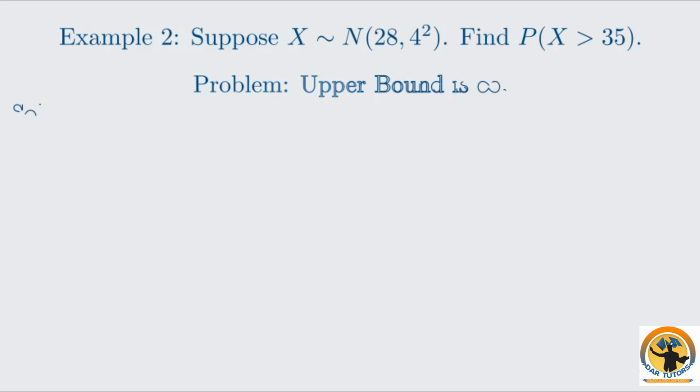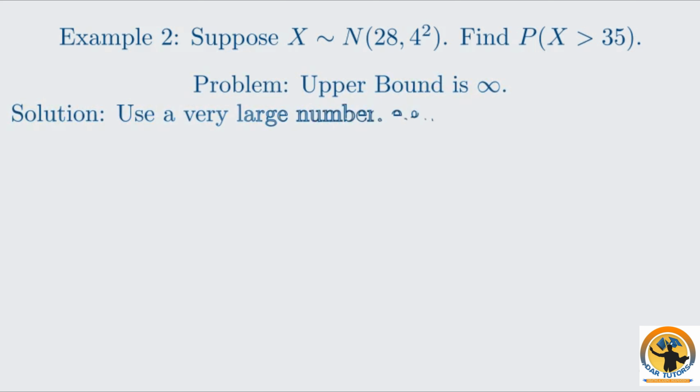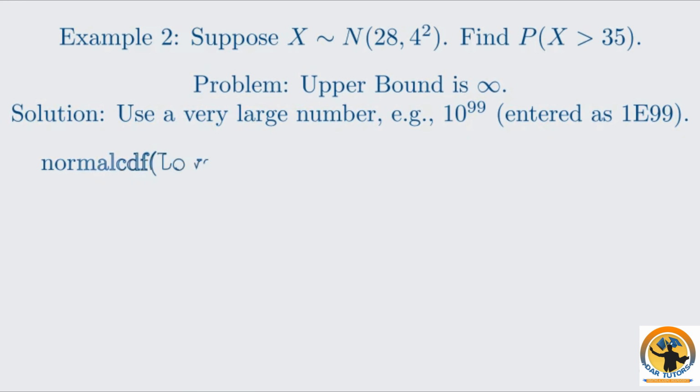A common practice is to use 10 to the power of 99, or 1 followed by 99 zeros. This value is so far out in the tail that the probability of anything occurring beyond it is essentially 0, so it's a very good approximation of infinity. So we set the lower bound to 35, the upper bound to 1e99, the mean to 28, and the standard deviation to 4.